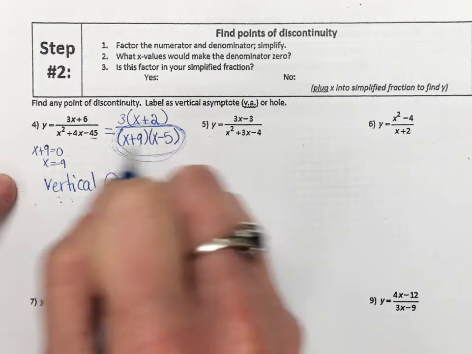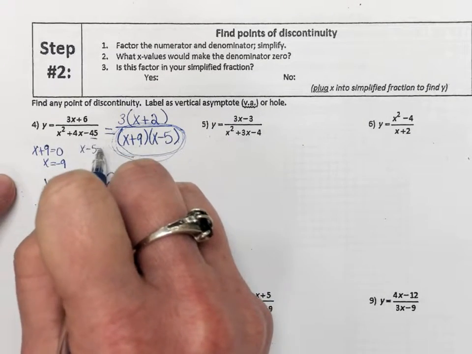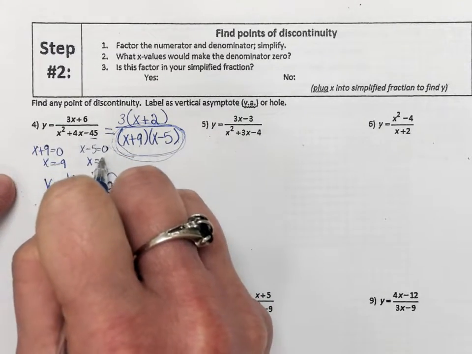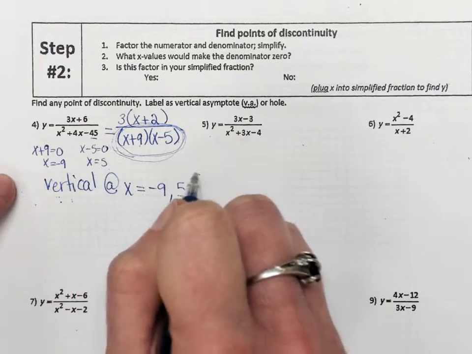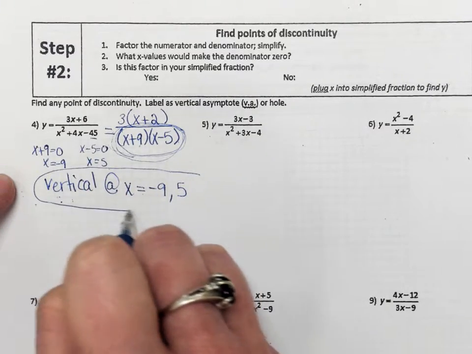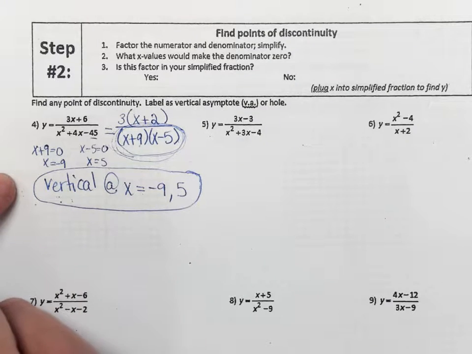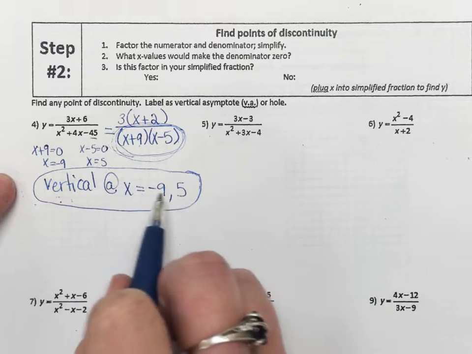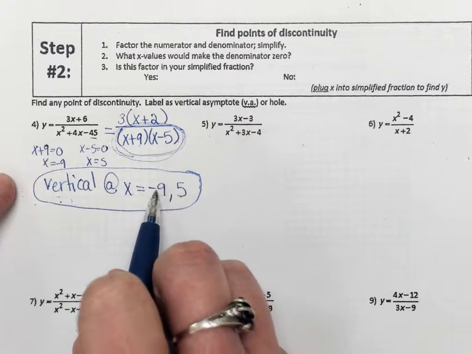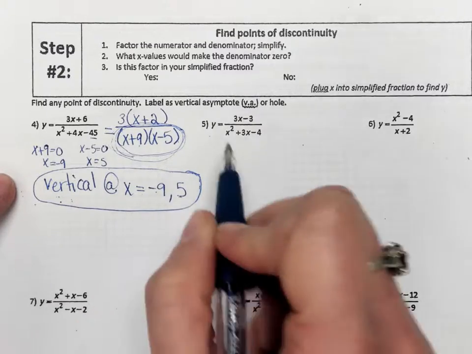And if I take x minus 5 and set it equal to 0, add that 5 over, you would get positive 5. So you would have a vertical asymptote at negative 9 and positive 5. Doesn't matter the order, as long as the 5 is positive and the 9 is negative. Alright, but let's look at number 5.